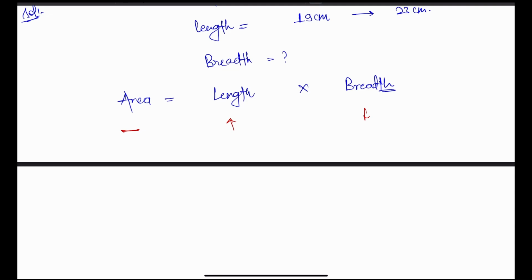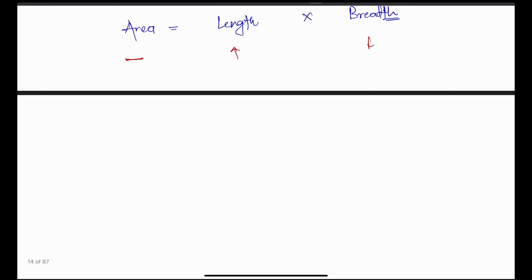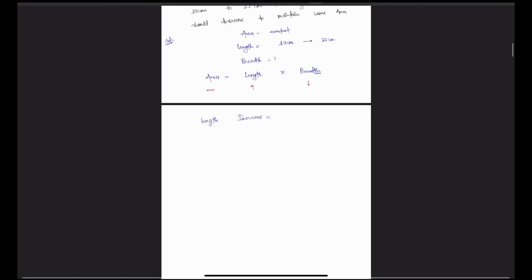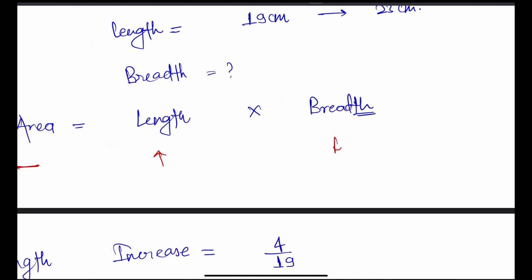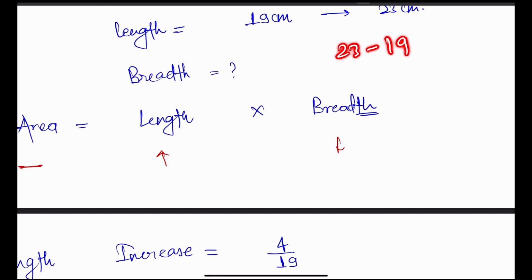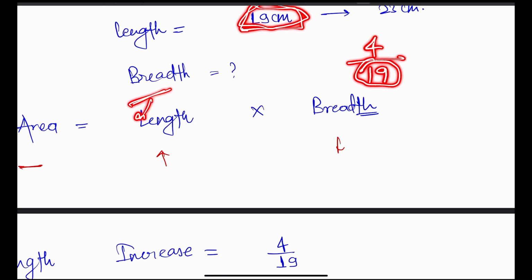Again the same concept. The length increase will be 4 by 19 in terms of fraction. How did we get 4 by 19? Simple. Increase is 23 minus 19, that is 4, and the comparison is done on the basis of the previous one, because the previous area should be equal to the new area. That's why 4 by 19.